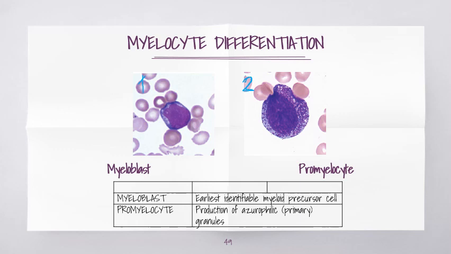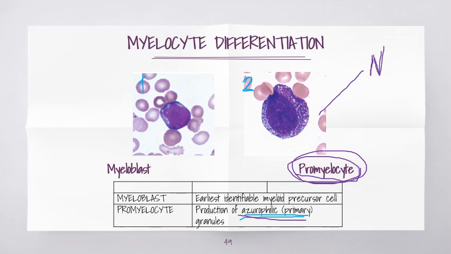What's special here is that this is where the azurophilic granules, or the primary granules, begin to appear. When you already have azurophilic granules in the promyelocyte, it means that this cell will become a neutrophil.